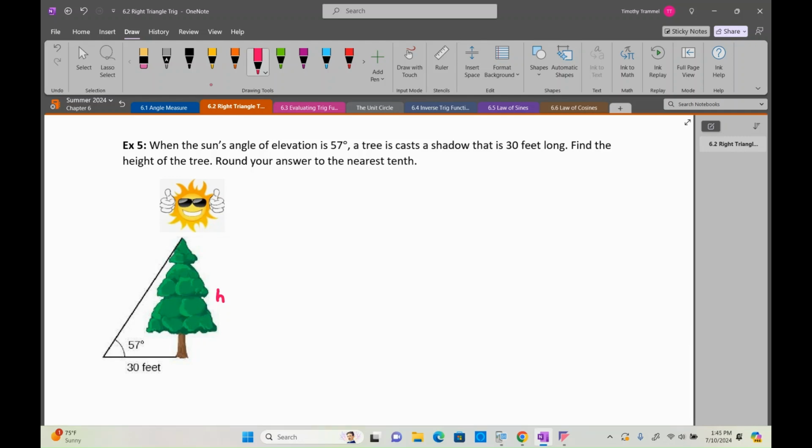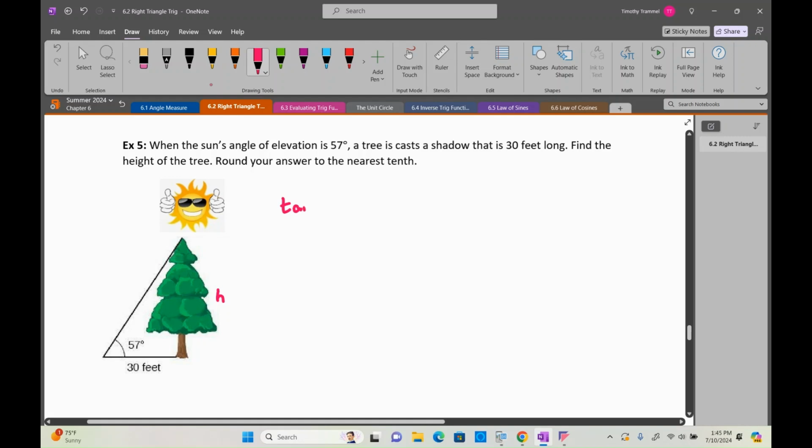Okay. And so that trig function must be tangent. So I have tangent of my angle is equal to opposite over adjacent. Okay. So to find the height of this tree, I just need to now multiply each side by 30. And so I get h is equal to 30 tangent of 57.